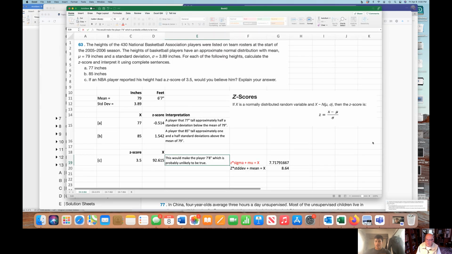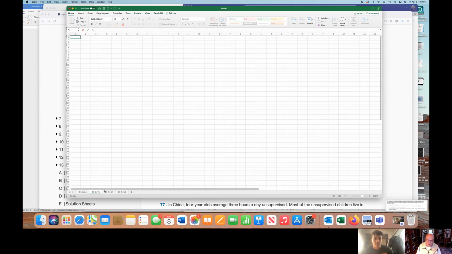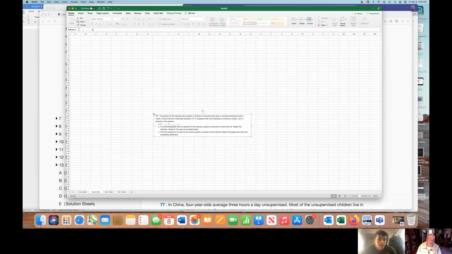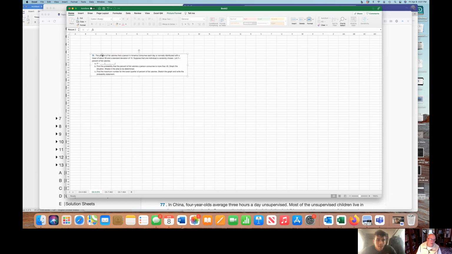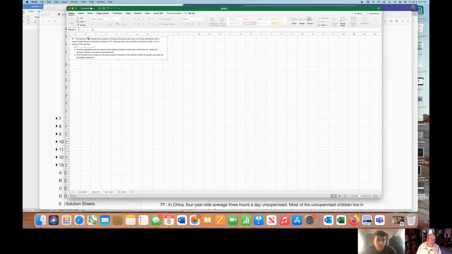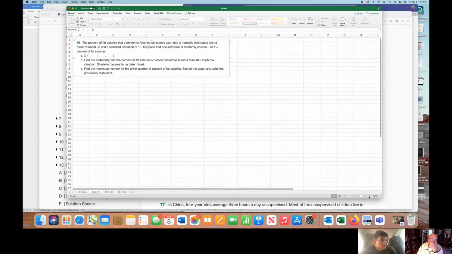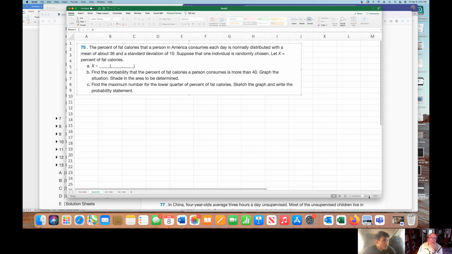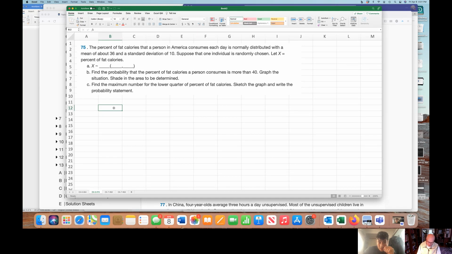Okay, so let's do this problem. Okay, how would I organize this? The percent of fat calories that a person consumes each day is normally distributed with a mean of 36 and a standard deviation of 10. So A, pretty easy.